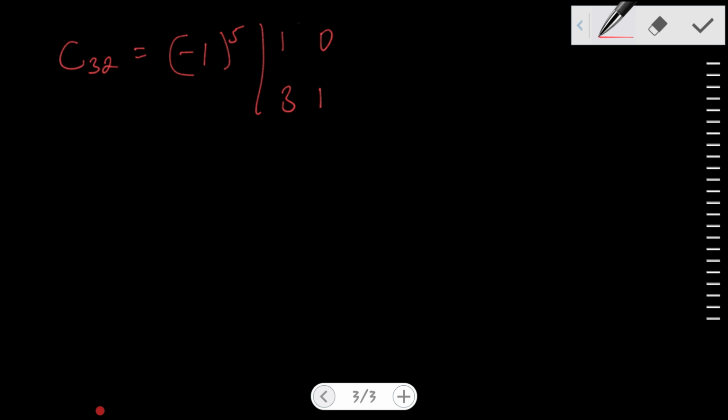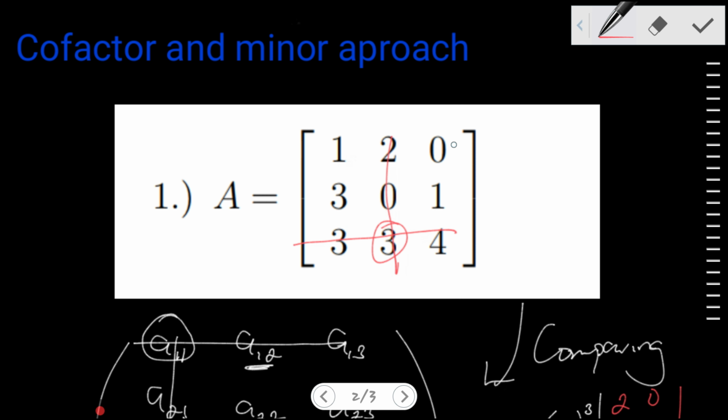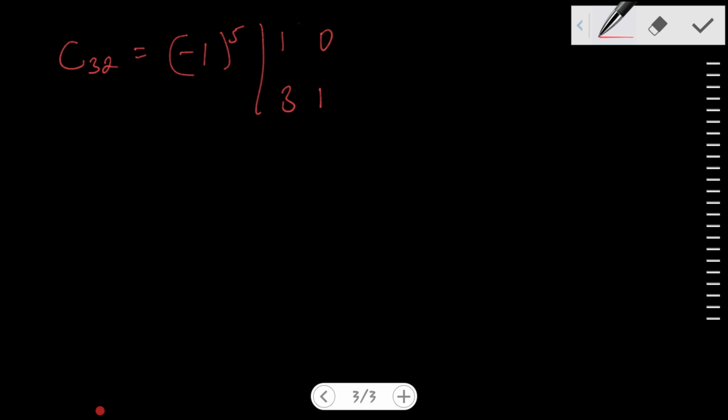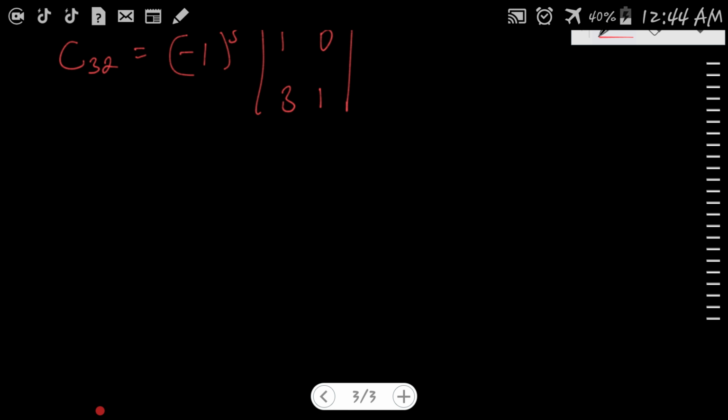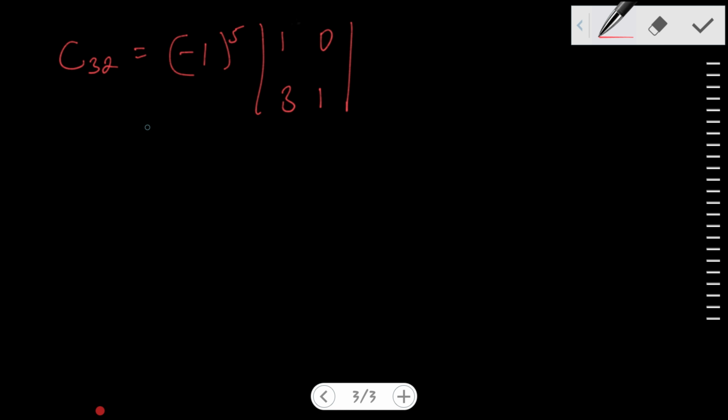I hope you're correct, check here. Okay, so we're on track. So this will be equal to negative 1 into 1 minus 0. So we have negative 1 as our cofactor in this case.